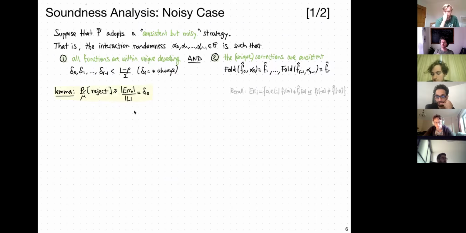One question. Shouldn't the functions that are inside the fold be without hat? The functions that you put inside the fold operation, they should be without the hat, right?